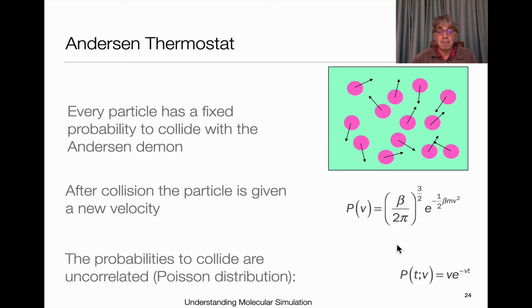What we then assume is that the probability that such a collision occurs, that the particle collides with the Andersen daemon and gets that kick, is given by a Poisson distribution. This tells you that all the events are uncorrelated and simply depend on the value nu, which is basically related to the average time between collisions.